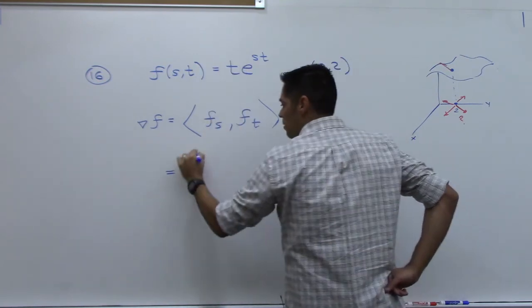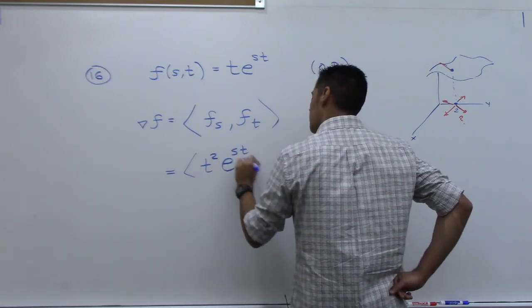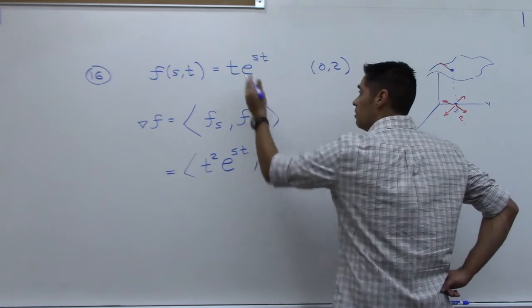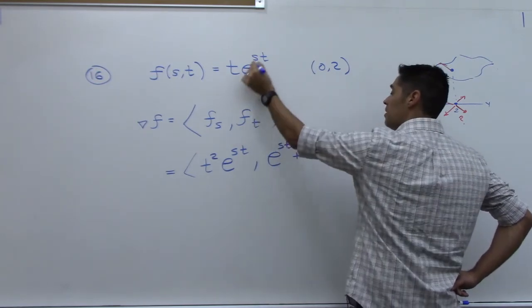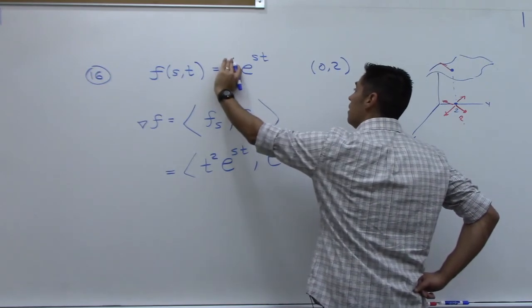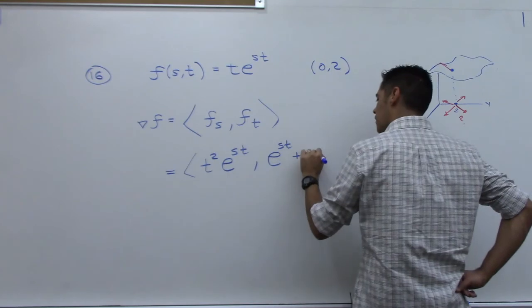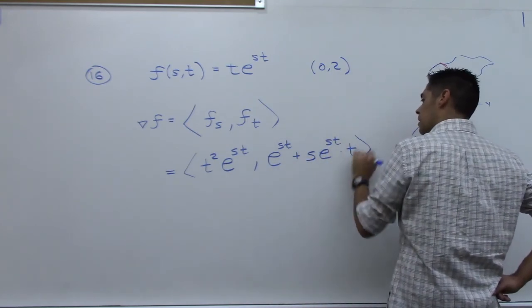I already had a t, so t squared e^(st). Then the partial with respect to t, product rule: the derivative of t is 1 times e^(st), plus the derivative of e^(st) with respect to t is s e^(st), times t to finish off the product rule.